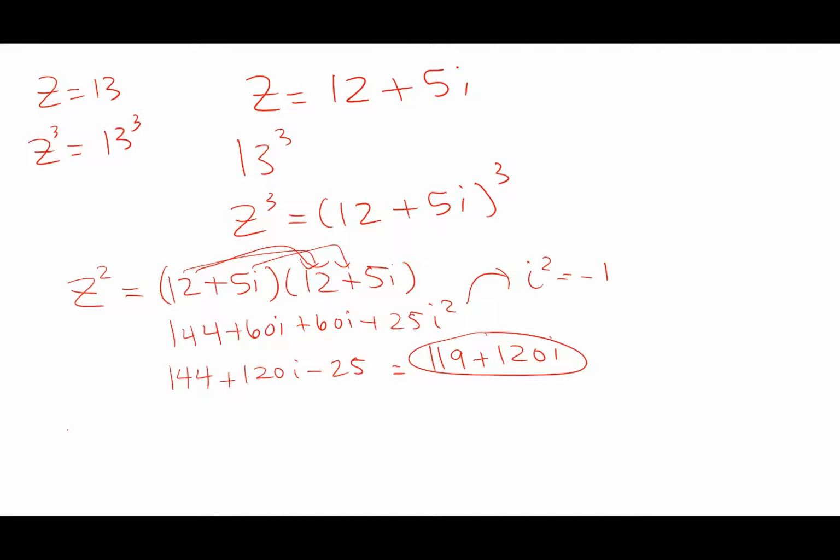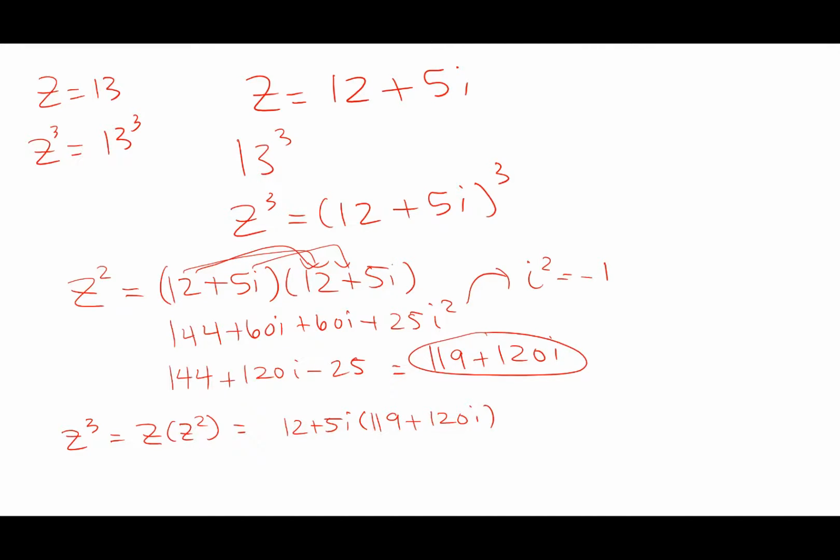So now let's take that and use it to get z cubed. We know z cubed is z times z squared, so we're going to do just that. 12 plus 5i times 119 plus 120i.